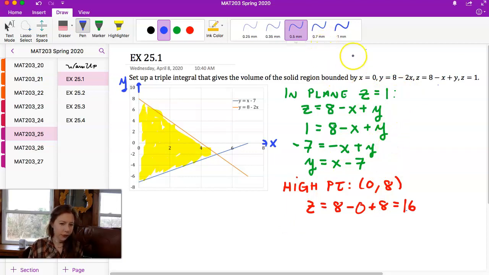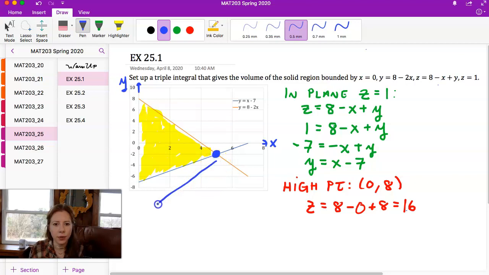Then this point right here is where y equals 8 minus 2x and y equals x minus 7 meet, so let's put a little mark here.